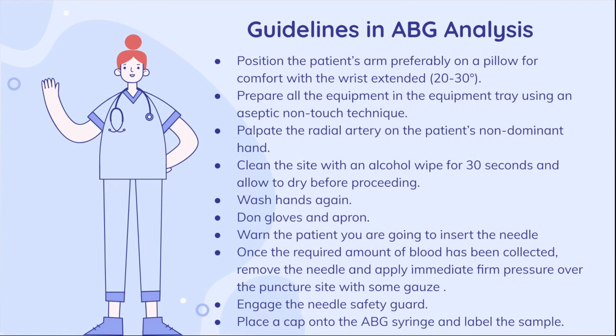Wash hands again. Don gloves and apron. Warn the patient that you are going to insert the needle. Once the required amount of blood has been collected, remove the needle and apply immediate firm pressure over the puncture site with some gauze. Engage the needle safety guard, and place a cap on the ABG syringe and label the sample.